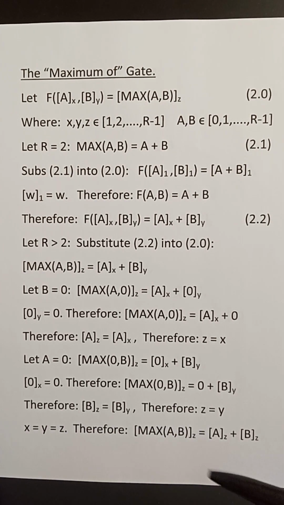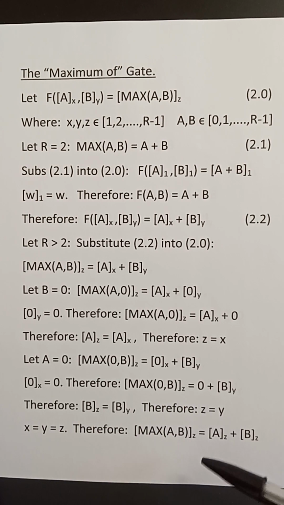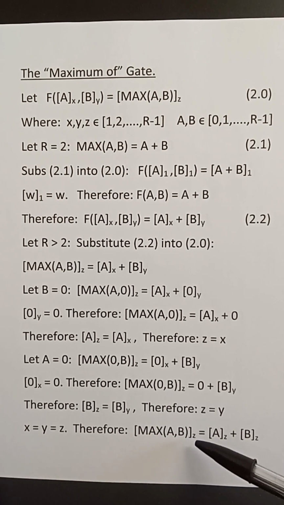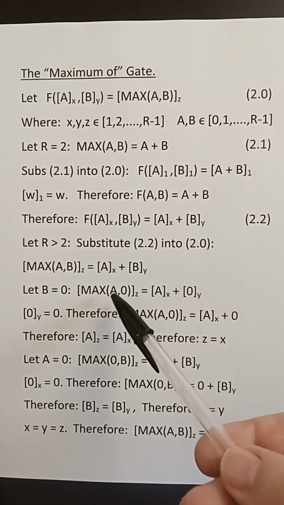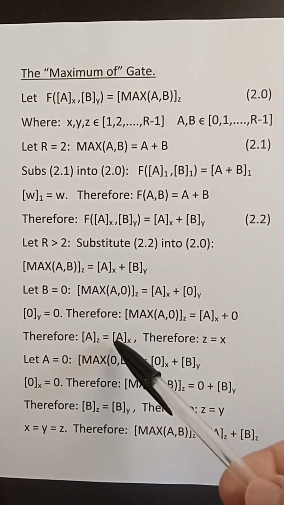I must say that these are multiple variable functions. So a maximum function of a, b, c, for example, would be a^z or b^z or c^z, etc. So what you do is you leave a alone and set all the other inputs to 0 and you get that result.